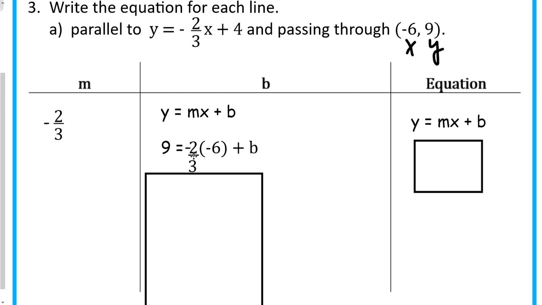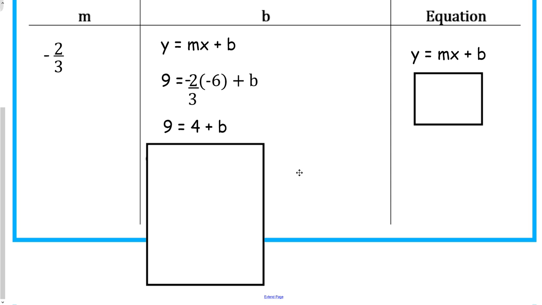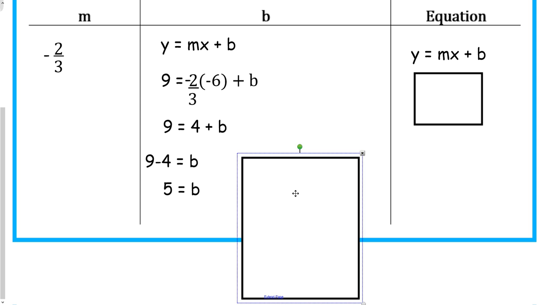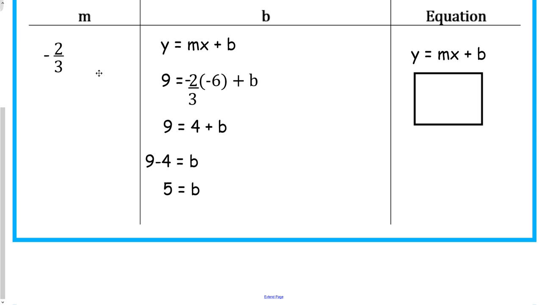And I've replaced my m with negative 2 over 3 and the x with negative 6. Multiply those together. Negative 2 times negative 6 is 12. 12 divided by 3 is 4. Bring the 4 to the other side, subtract it. So 9 minus 4 is 5. So there's our b. All right, so now we have our m, we have our b, we can write our equation.